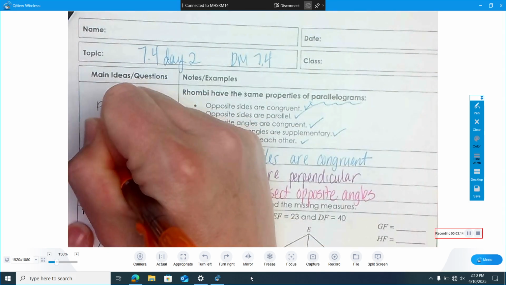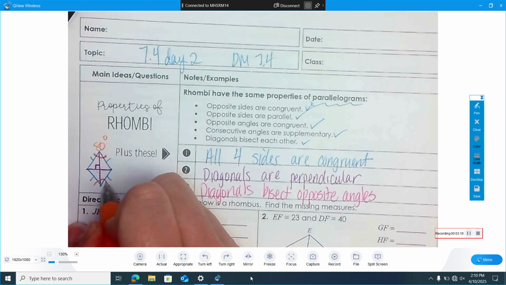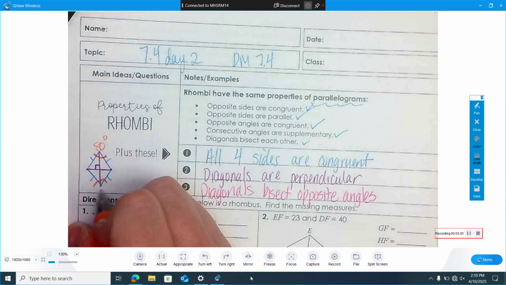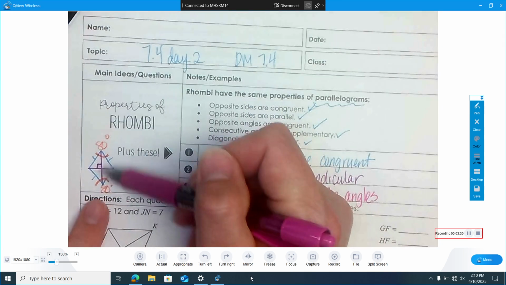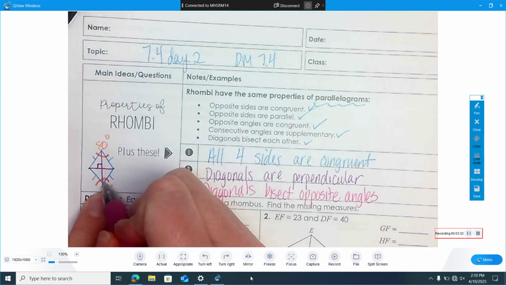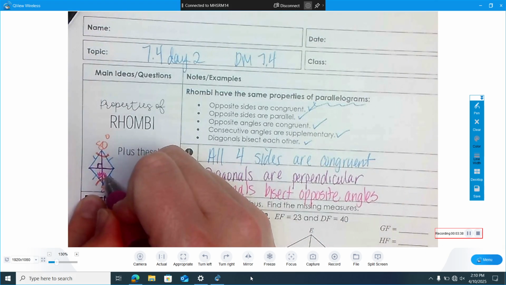So if this angle up here is 80 degrees, what's this angle at the bottom? Also 80 degrees. Now, in addition to those opposite angles being congruent, that diagonal bisects each of these little angles. So what is each little baby angle? 40, yeah.